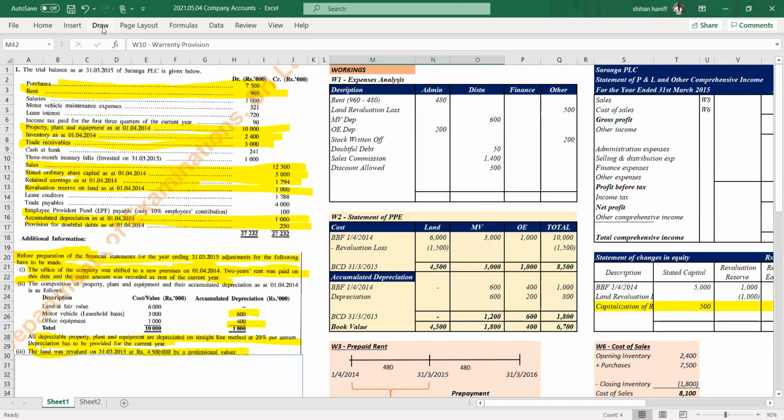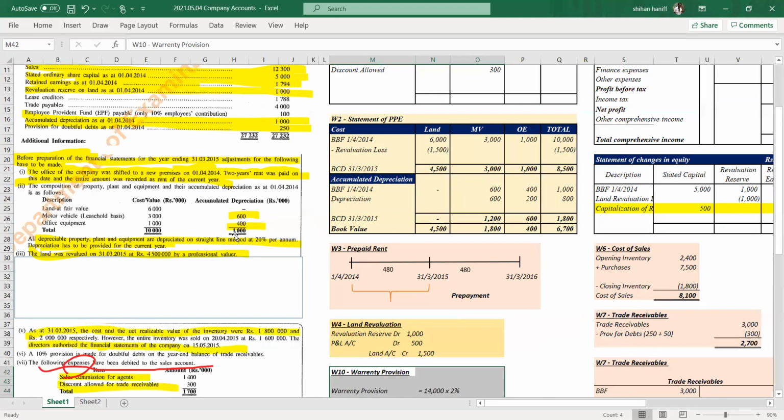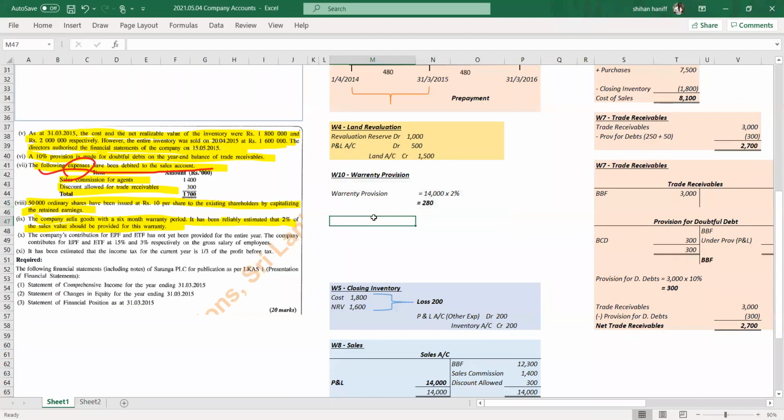Then check for opening balances. Do you have any provisions? There is no provision, so it was fully under provision. Double entry is profit and loss account debit, treated as an expense, 280, and you have to credit the provision for warranty account.